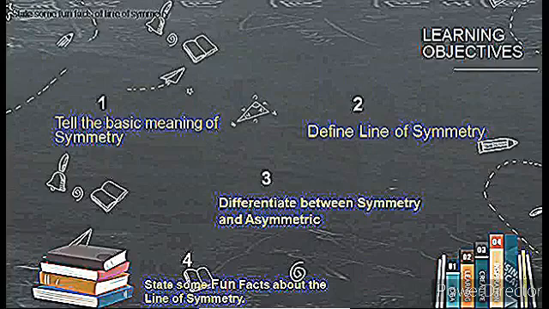Today we have 4 learning objectives. At the end of this lesson, you should be able to tell the basic meaning of symmetry, define line of symmetry, differentiate between symmetry and asymmetric, and state some fun facts about the line of symmetry.